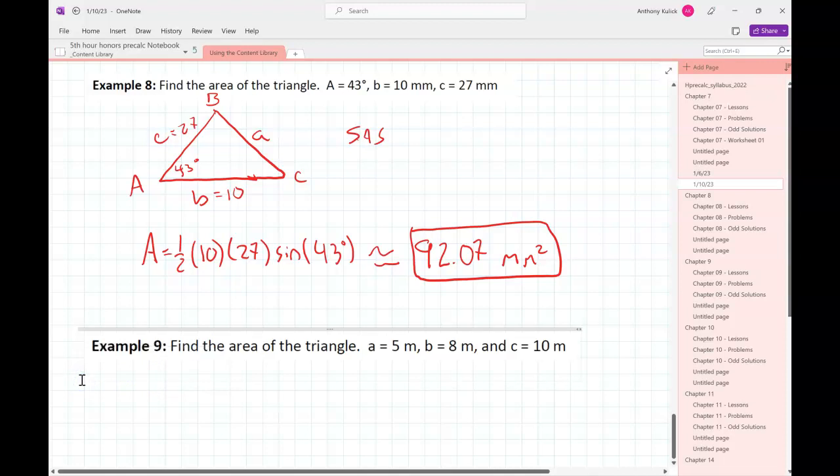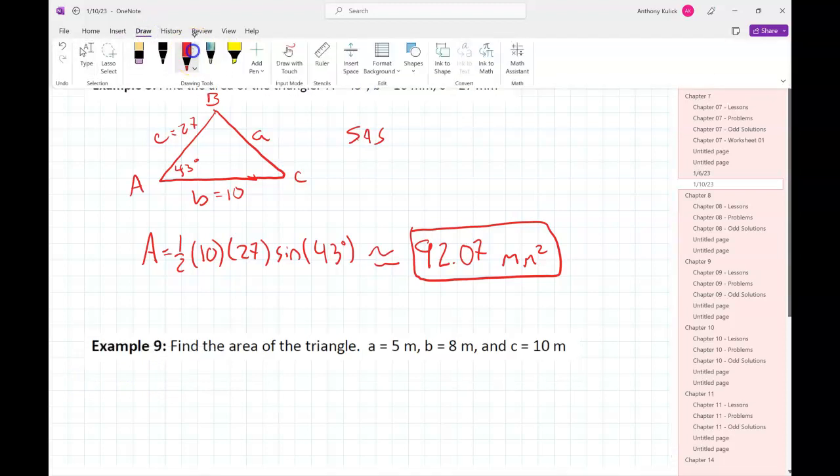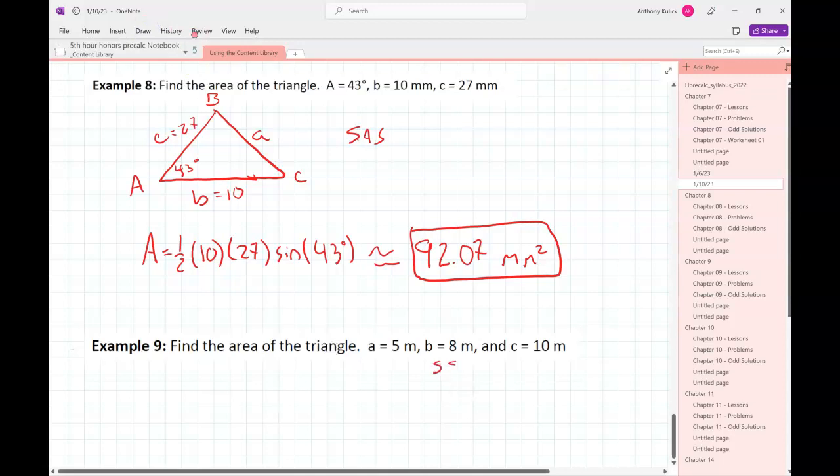All right. This situation, what kind of situation are we in? Side, side, side. Before we apply Heron's formula, what do we need to check first? Is this triangle possible? Yeah.